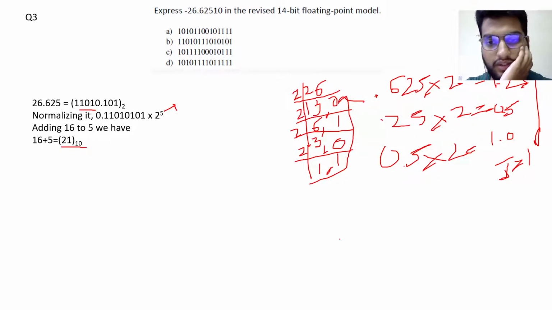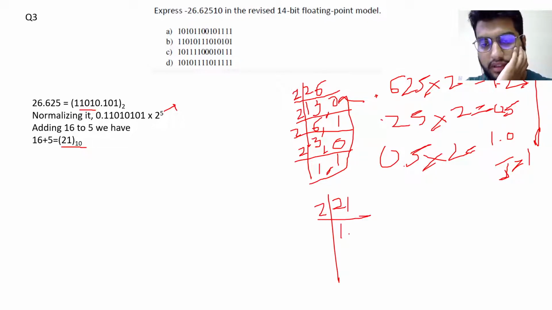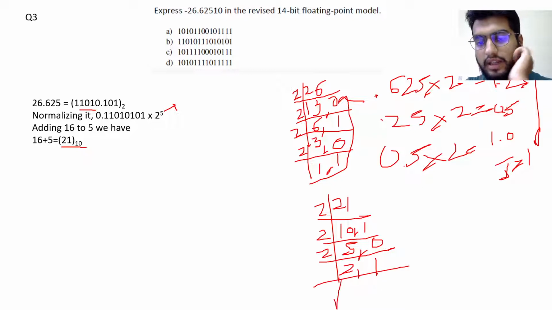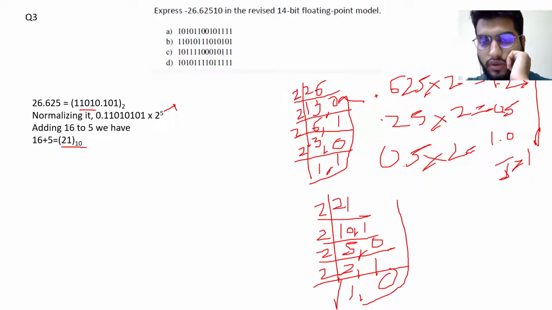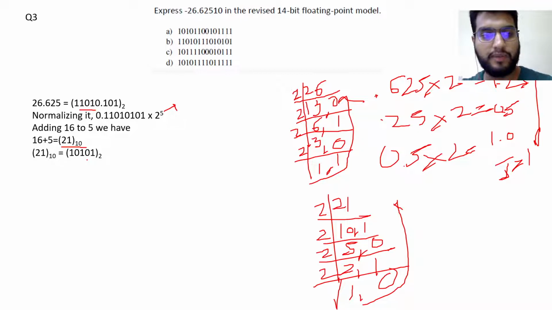Now we convert this 21 into binary by repeated division by 2. So 21 in binary will be 10101. That's what I have written as 10101.